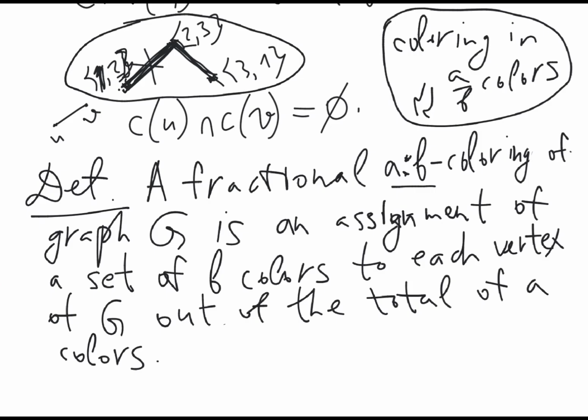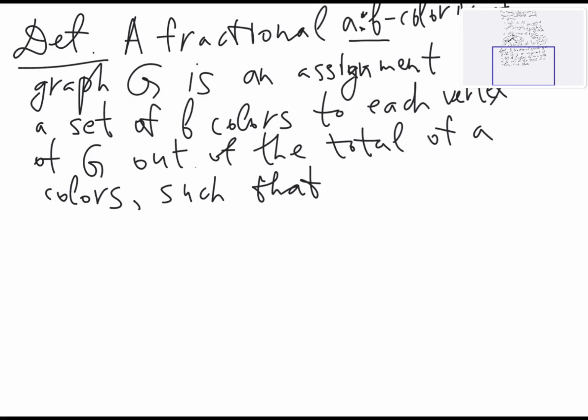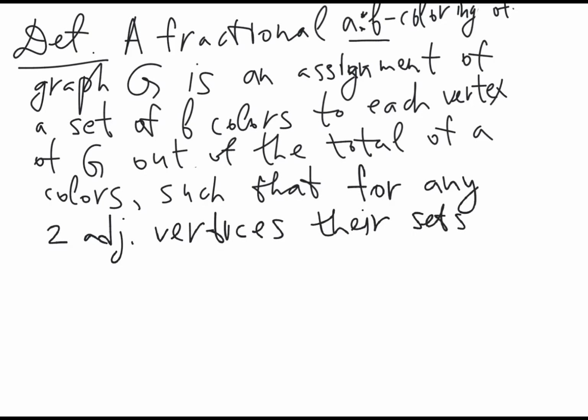Each vertex receives a set of 2 colors out of a total of 8 colors, such that this is an assignment such that for any 2 adjacent vertices, their sets of colors are disjoint.